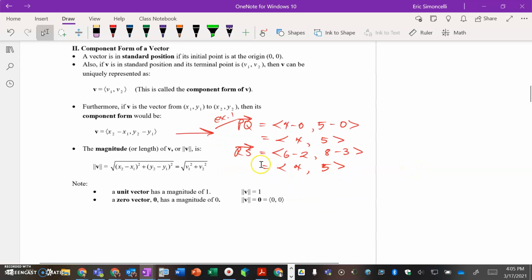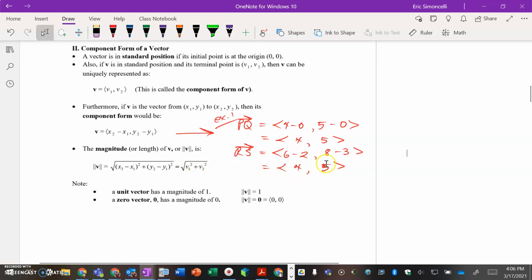The magnitude or length of v, as you can again remember me writing it as such, is simply the distance formula. If x sub 2 minus x sub 1 is how we write v sub 1, and similarly y sub 2 minus y sub 1 is how we write v sub 2, then you can easily describe the component form v1, v2 as such: the square root of v1 squared plus v2 squared.